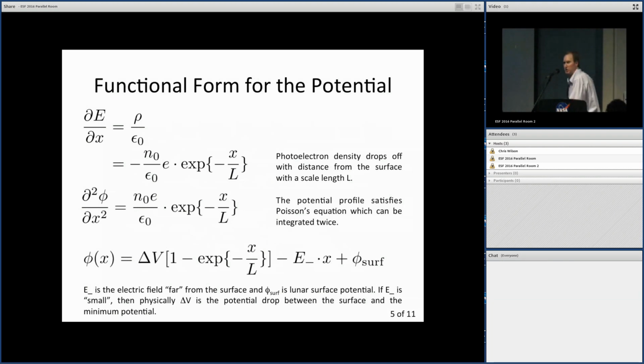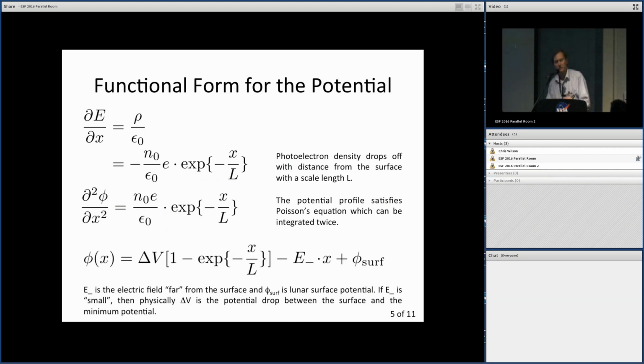Okay, so under this assumption, we can integrate Poisson's equation twice and end up with the functional form shown here at the bottom of the slide. In this functional form, phi of x is the potential at a height x above the lunar surface. Delta V is the depth of the potential well.